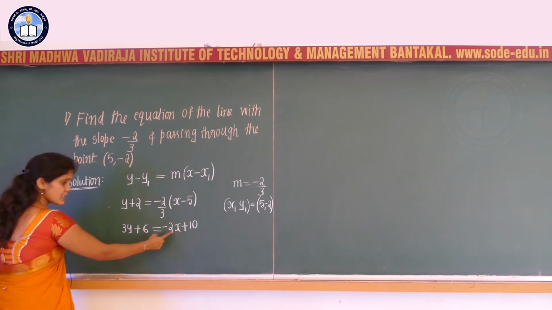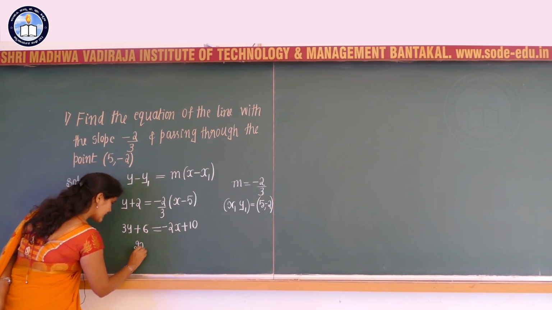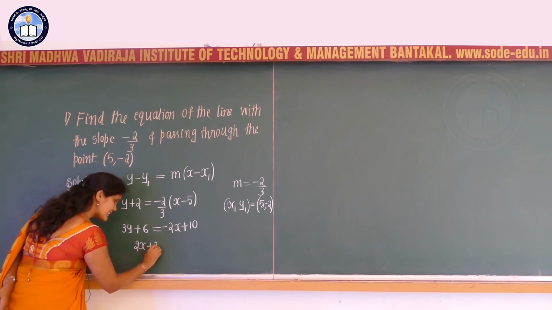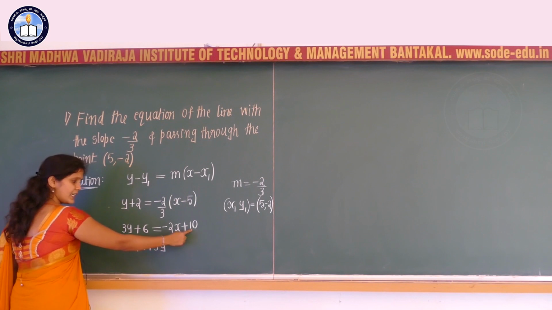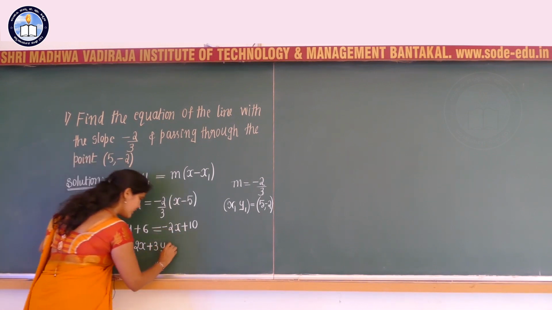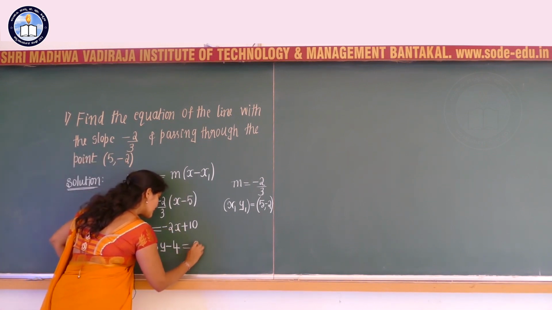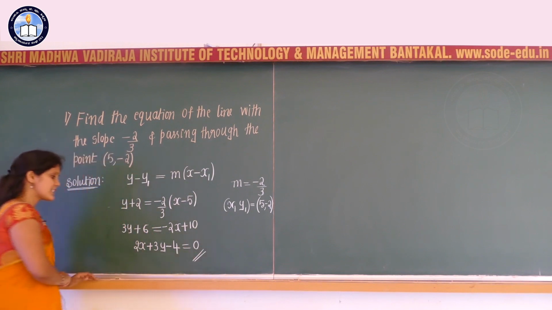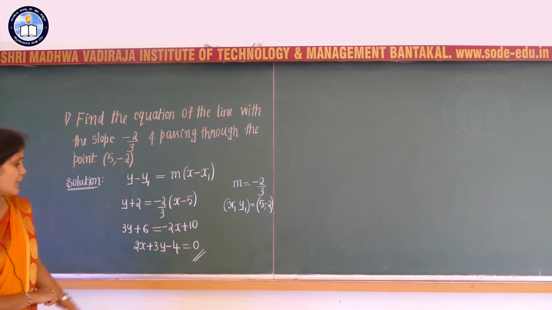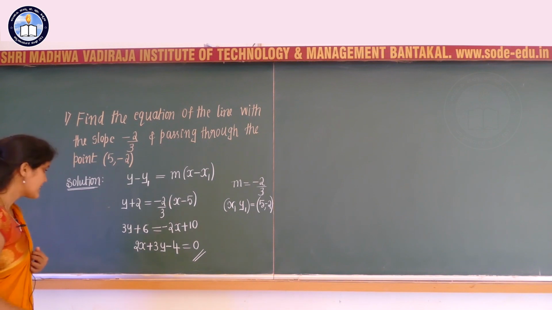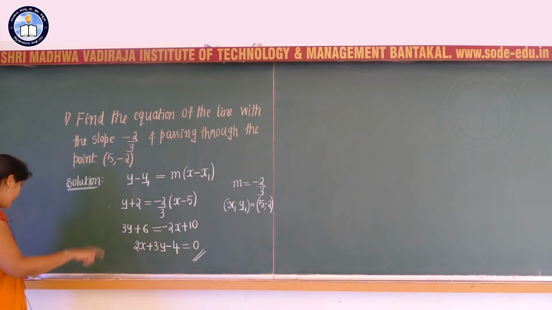Or I can write it as minus 2x to the LHS, that is plus 2x plus 3y, and this plus 10 to the LHS, 6 minus 10, that is minus 4, is equal to 0. 2x plus 3y minus 4 equal to 0, that is the required equation of the line.